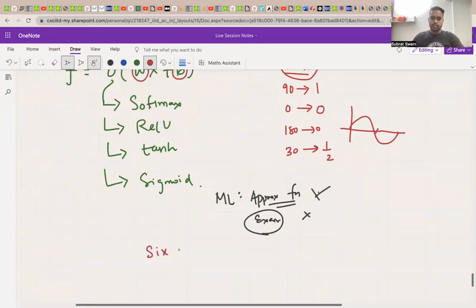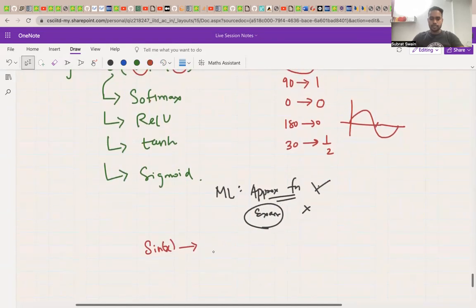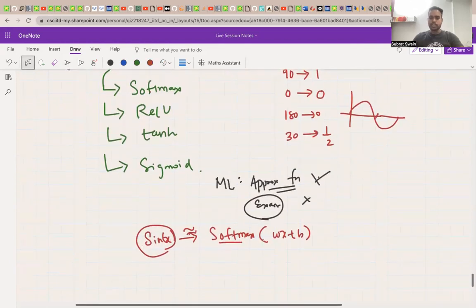They say that you can represent sin x as an approximation of softmax of wx plus b.